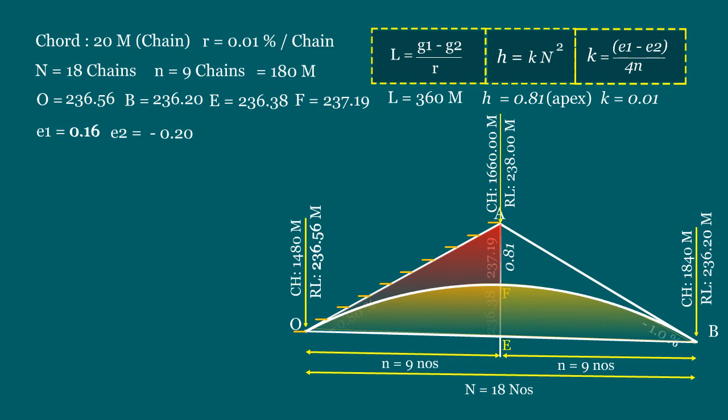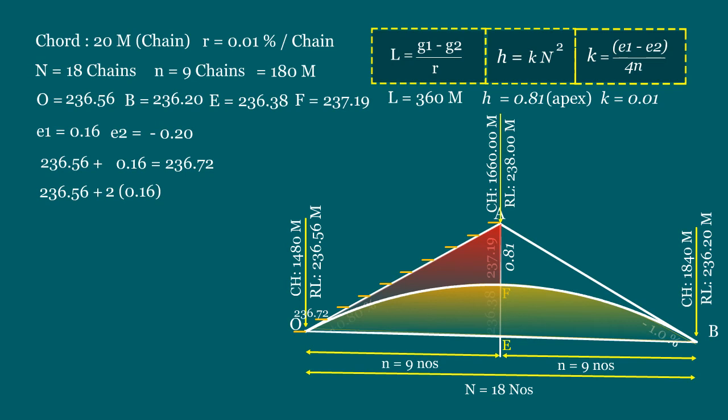The tangent elevation for the first peg is RL value of 0.0 plus the value of E1. That is 236.56 plus 0.16 equals 236.72. The elevation for the second peg is RL value of 0.0 plus 2 times the value of E1.